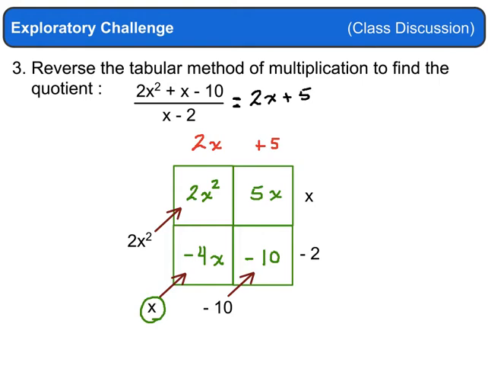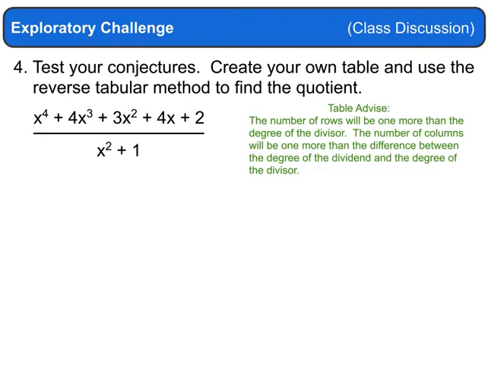So we've seen 2 of these, and when we go to number 4, they don't give us a box already set up to build, so we have to build a box. And so to create our own table, we need to think of a strategy. Now you can either just trial and error and get your box to work, or you can take a look at this table advice. And in this table advice, it says the number of rows will be 1 more than the degree of the divisor.